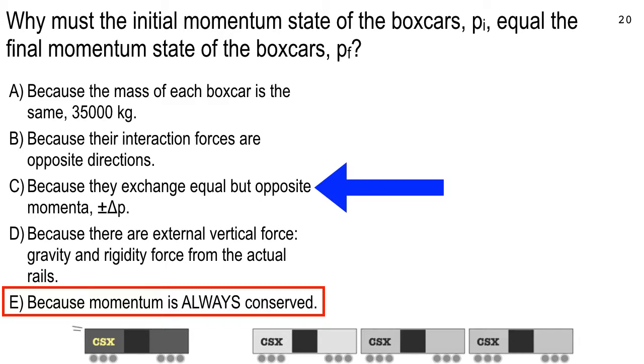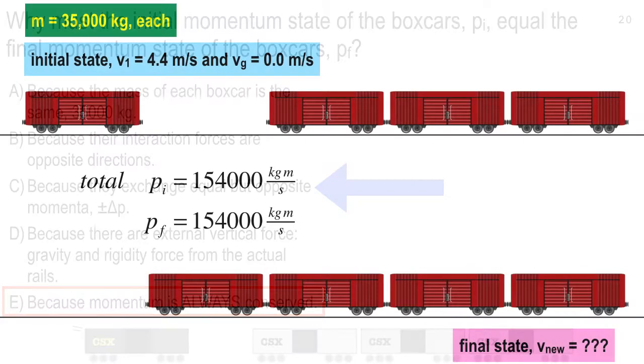By Newton's third law, the three stationary ones, because they have mass, deliver a little bit of leftward delta P to boxcar one. And that's what actually slows down boxcar one. It speeds up the three stationary ones, but it slows down boxcar number one just to the right speed so that they all move off at a final speed together.